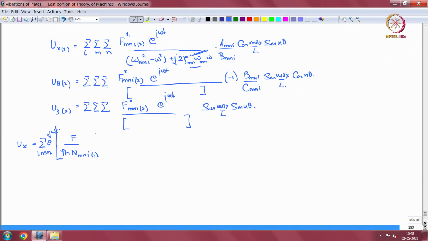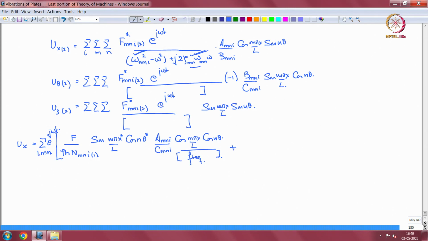We get f by rho h n m n I sine m pi x star by L cos n theta star, and then a m n I by c m n I cos m pi x by L cos n theta, divided by the frequency term.